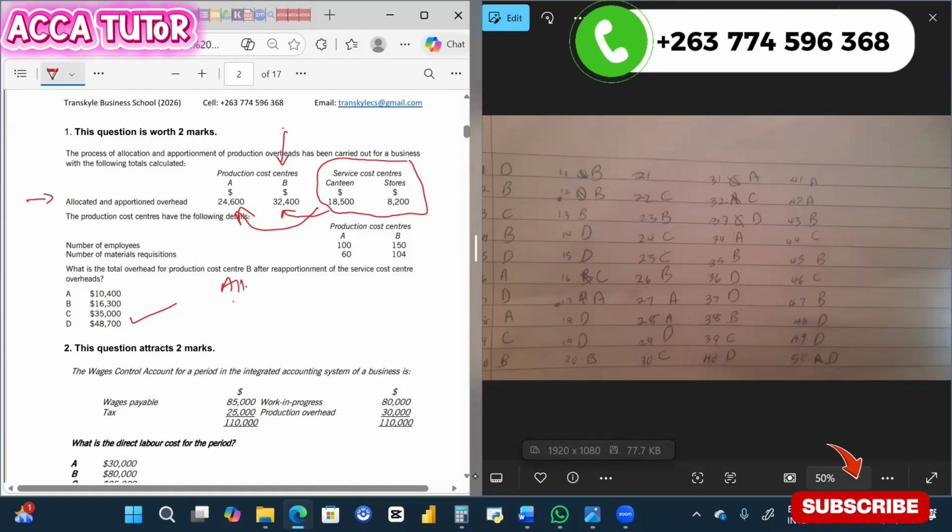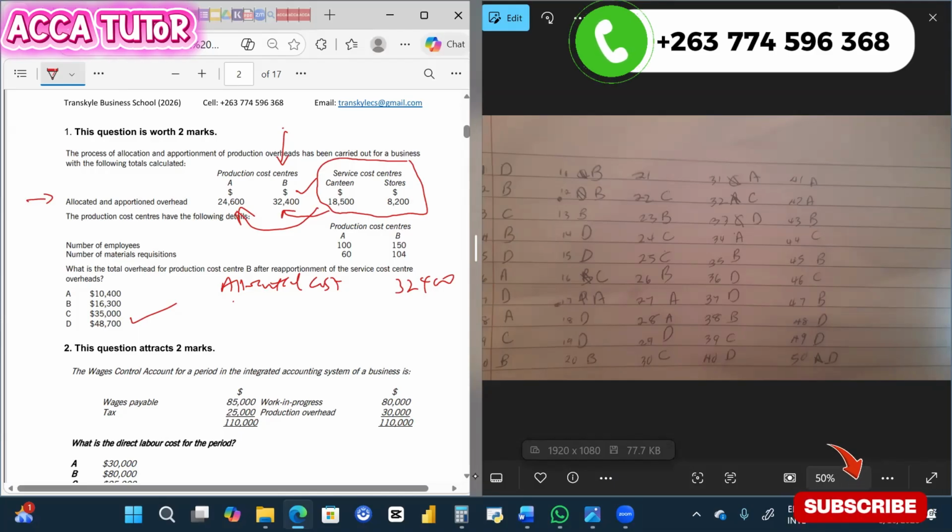The allocated costs were the figure there, 32,400. Then we look at the apportionment. The apportionment has to be based on a reasonable basis. You don't just guess, you have to apportion on a reasonable apportionment basis.